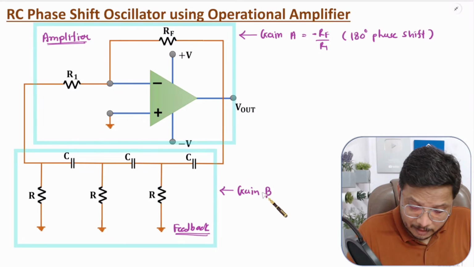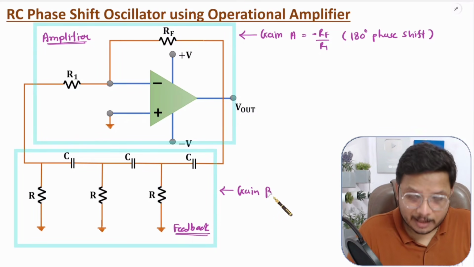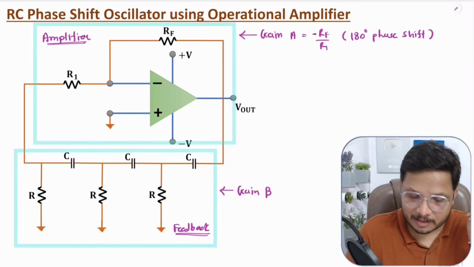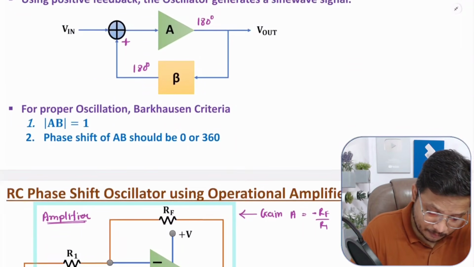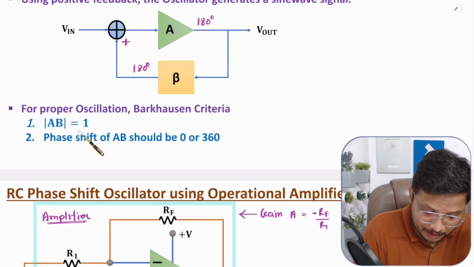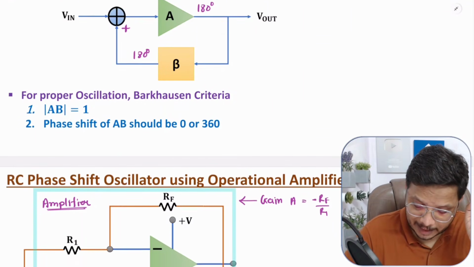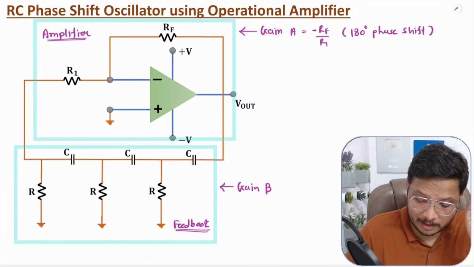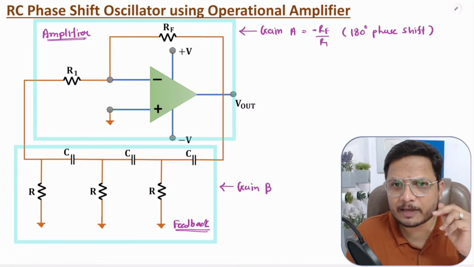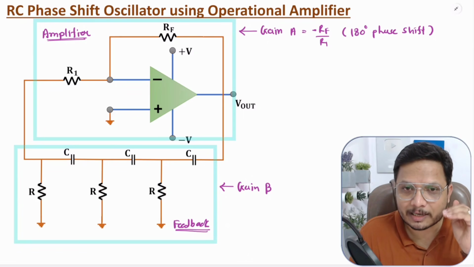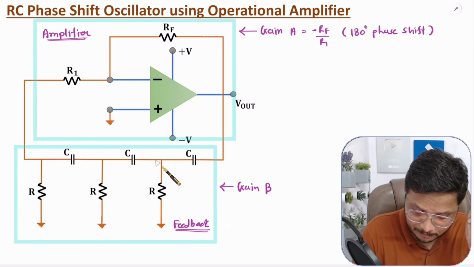Here A into beta should be unity for the oscillation condition, right? I have explained that. For the oscillation condition, A into beta should be equal to 1. So that is the basic condition. Here I'll derive each and every equation, but let me tell you what we need to understand with the RC combination.